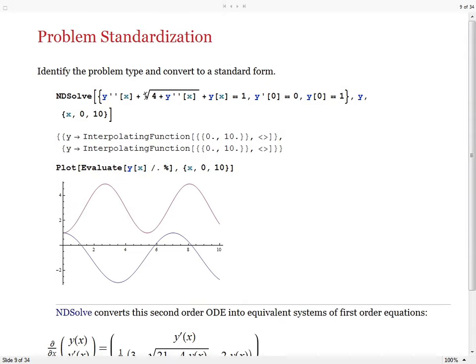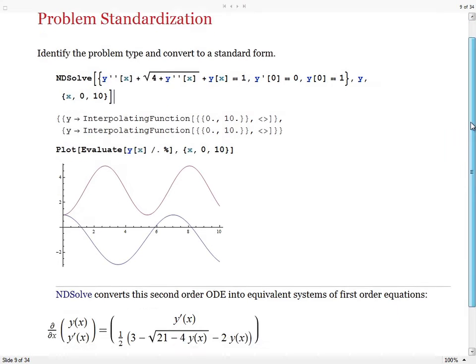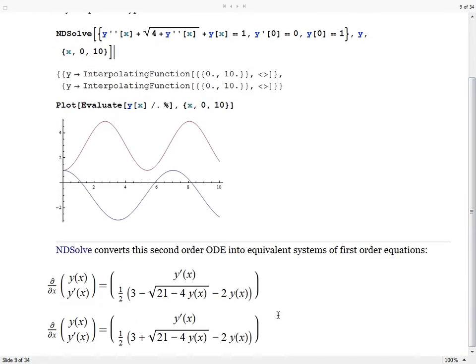And in fact, because of this square root, there are two distinct branches or solutions to this differential equation. NDSolve obtains them both by first solving the implicit equation, converting it into these two explicit systems of differential equations. In this standard form, they are passed to a suitable ordinary differential equation integration algorithm.